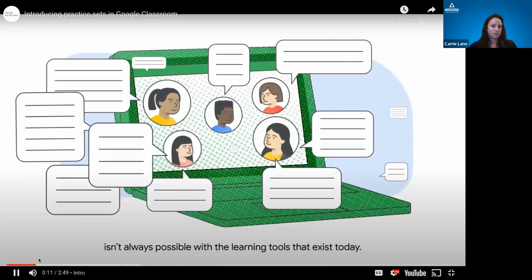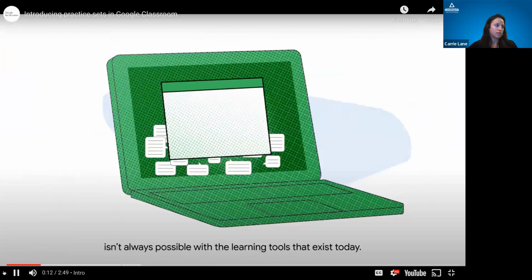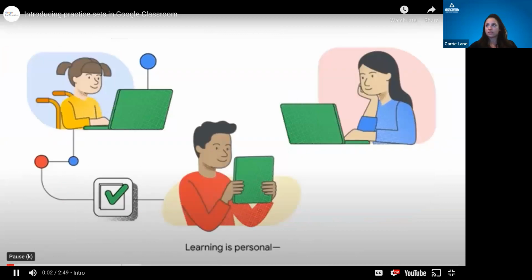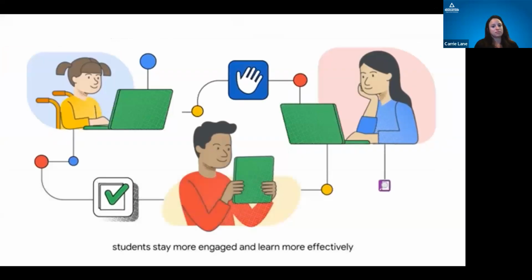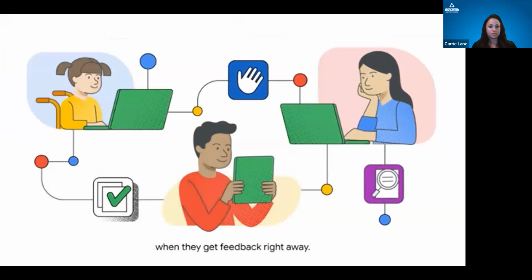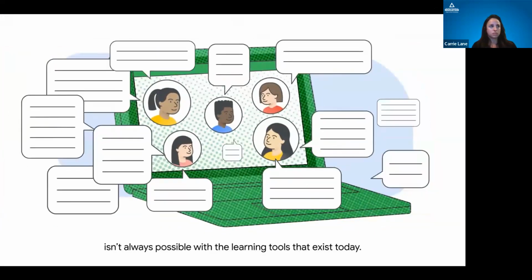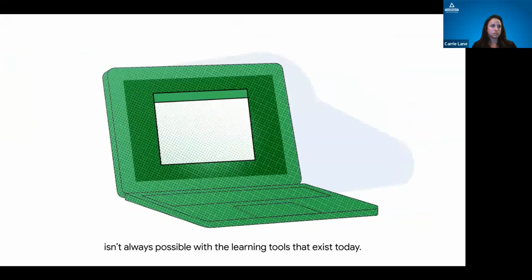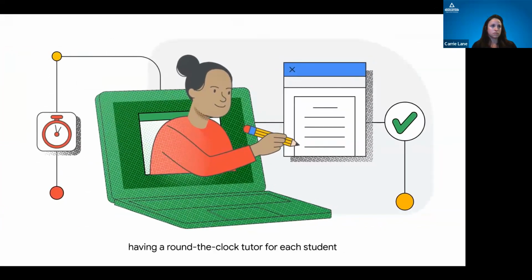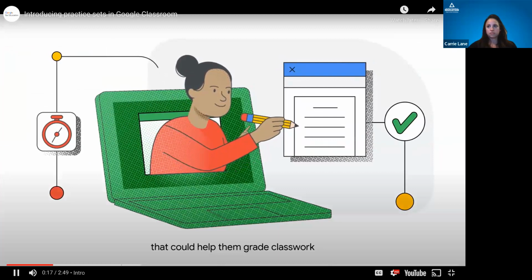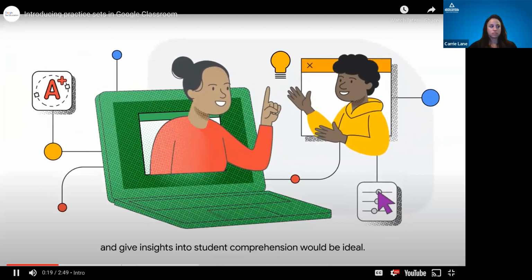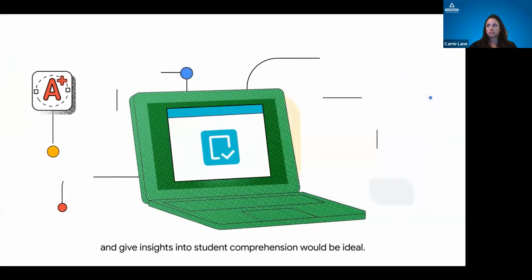Isn't always possible with the learning tools that exist today. For educators, learning is personal. Students stay more engaged and learn more effectively when they get feedback right away. But one-on-one help for each student isn't always possible with the learning tools that exist today. For educators, having a round-the-clock tutor for each student that could help them grade classwork and give insights into student comprehension would be ideal.